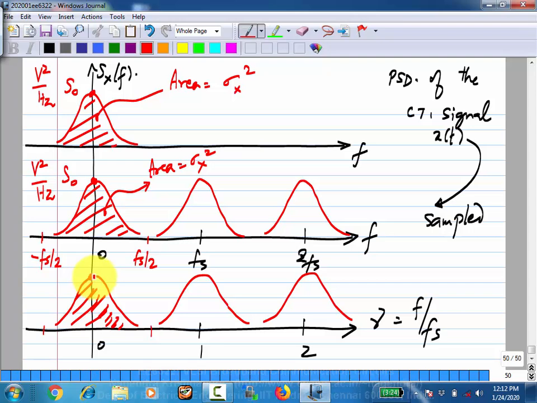What will be this value at nu equal to 0? To get the same area, it should be multiplied by? What should be the area under this? Again, sigma x square. Area should be sigma x square. So what should be the value here? fs times S naught.